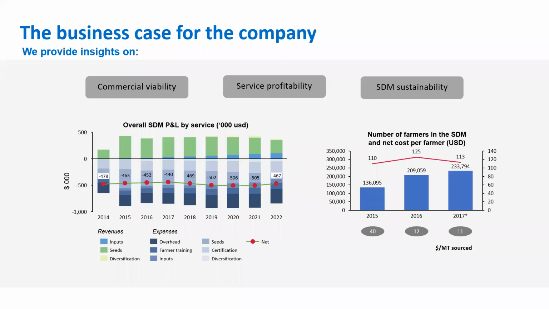But then you can also see underneath we have the cost per metric ton sourced. So this would imply that the level of sourcing is increasing quite significantly. This gives us a better understanding of the impact of the SDM at the commercial level.